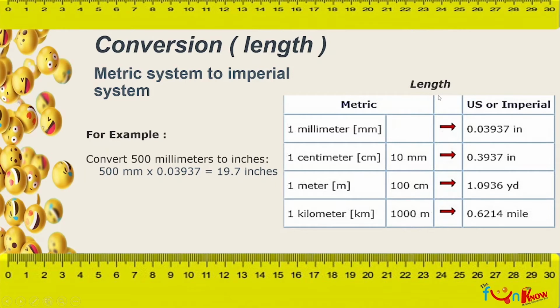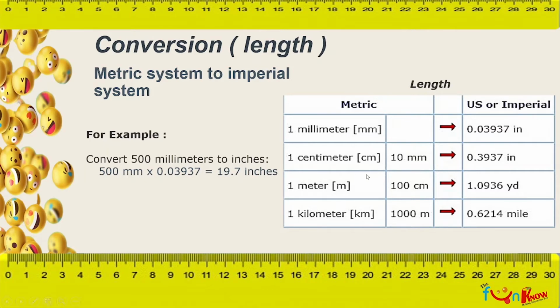So let us see with an example. If we have been given 500 millimeters and we have to convert that 500 millimeters to inches, the simple thing we are going to do is use the conversion of 1 millimeter that was given.